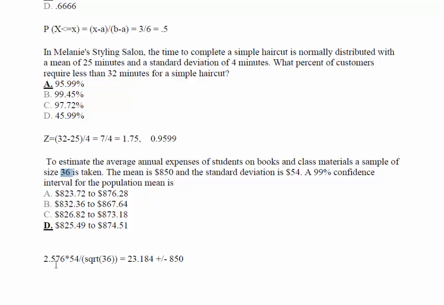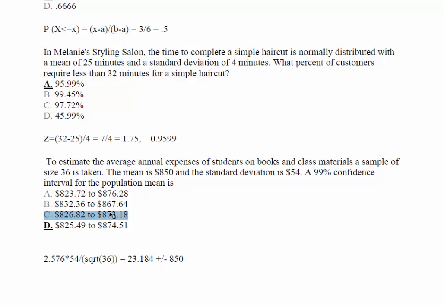You carry out this calculation and you get 23.184, and then plus or minus the mean of $850. Adding this to $850, you get 873.184.